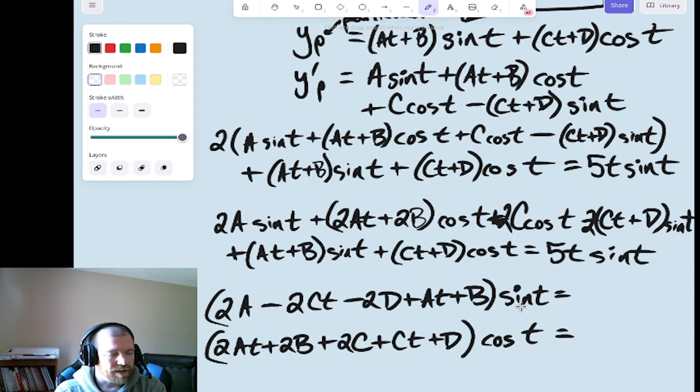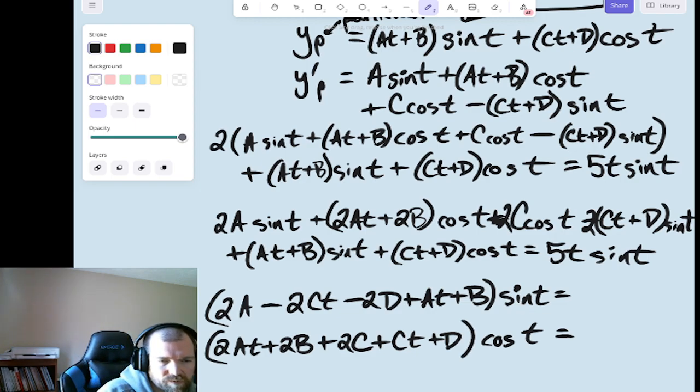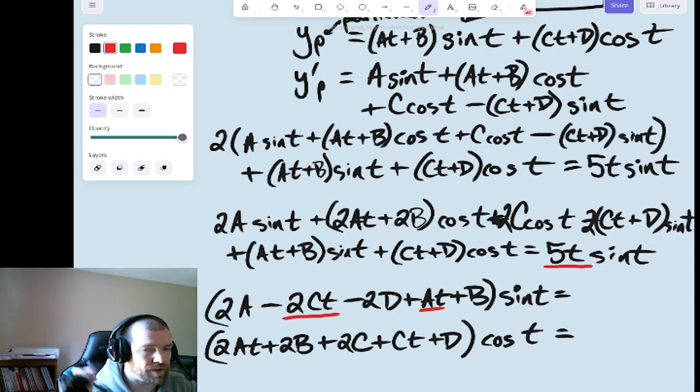And here, in this particular case, we're going to look at this and say, okay, well, that's only ever going to happen if our negative 2c and a here are going to sum up to 5.